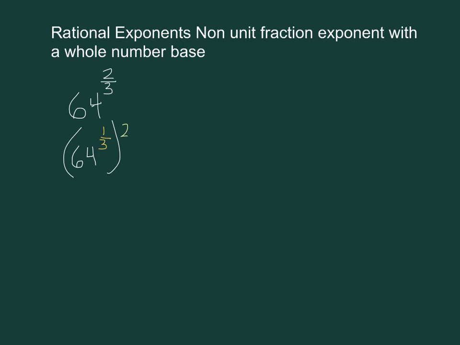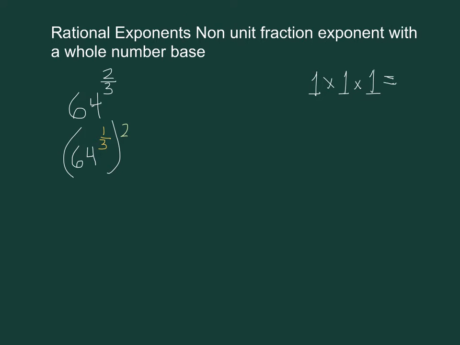Now, from here, basically all you're looking for is what's the one number multiplied together by itself 3 times to get 64. I know I need three bases that are all the same, such that when I multiply them together, I get 64.